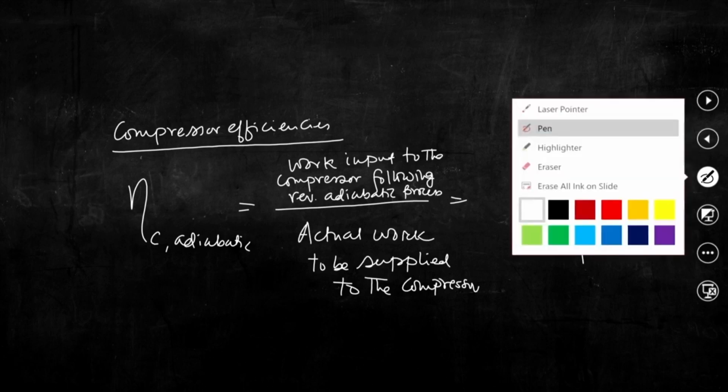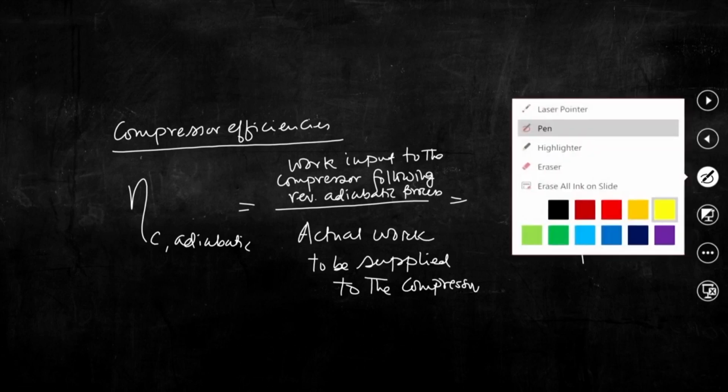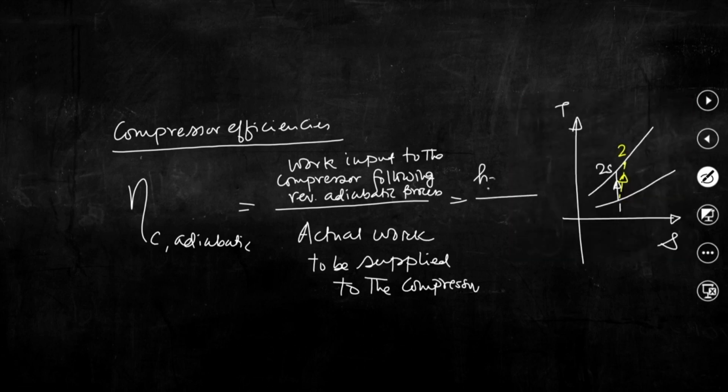So, if we write here, this is H2s minus H1 divided by W actual. That means, if we apply the steady flow energy equation across the compressor, then the work needed to be supplied for the compression process is H2s minus H1 following the isentropic process. So, this is eta compression adiabatic.